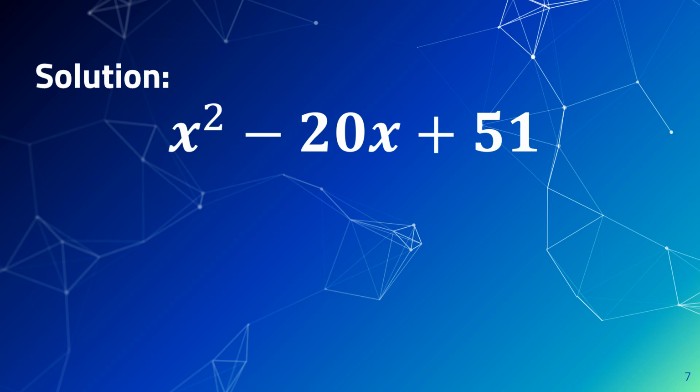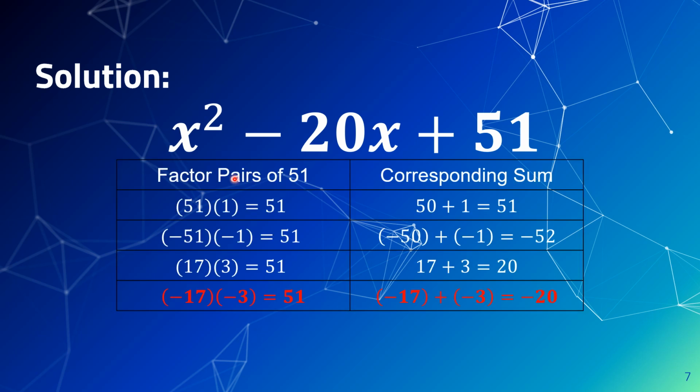So what are those two numbers that multiply to 51, but add to negative 20? Let's have a systematic solution for that. All the factors here will give you 51.